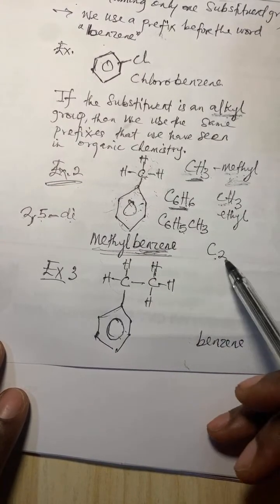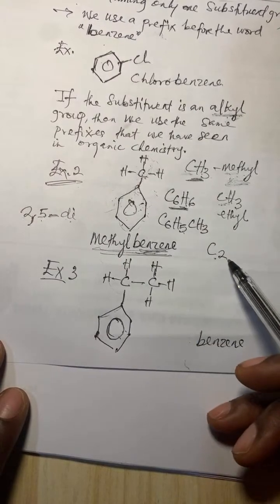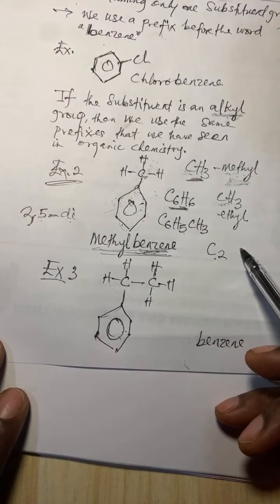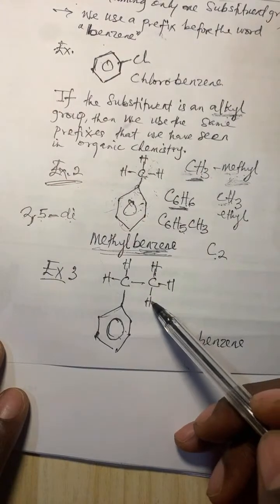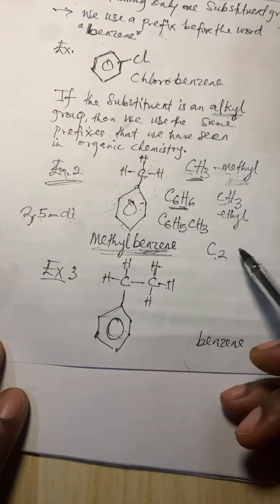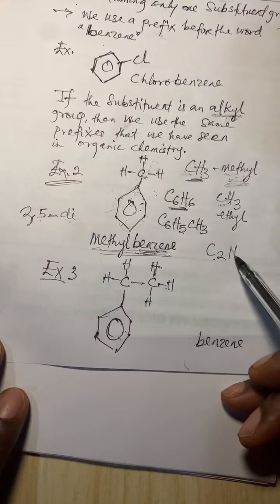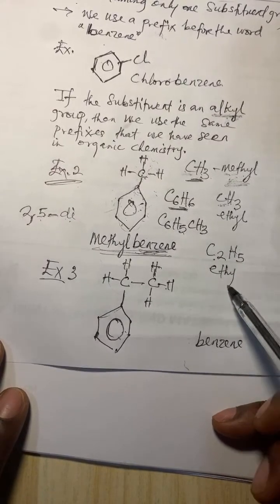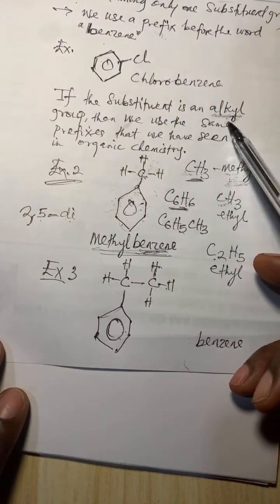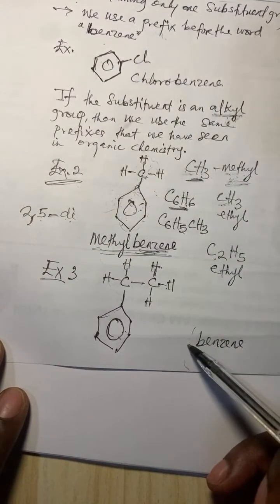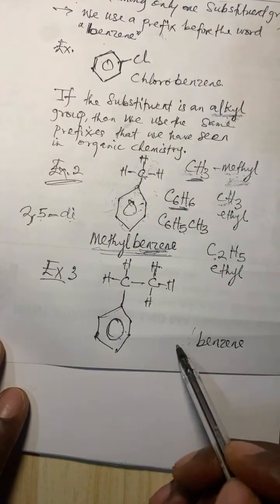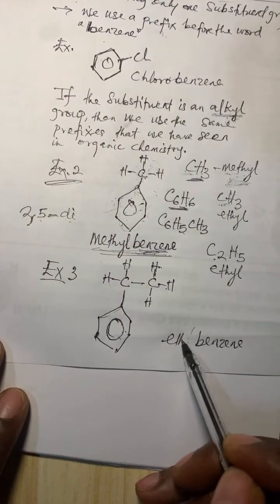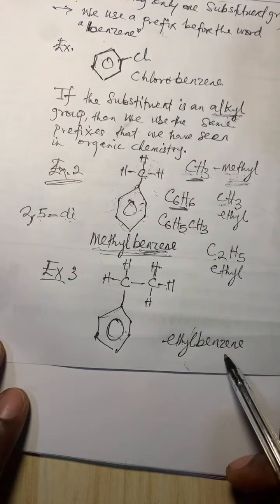We are supposed to have C2H6, but now we're having C2H5: 1, 2, 3, 4, 5. That means it is ethyl and not ethane. This gives us ethyl, the second member of the alkyl family, and for it to come up here as a prefix, it becomes ethylbenzene.